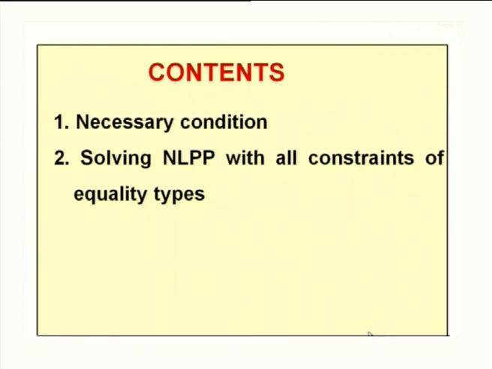For that, in this episode, first we define the bordered Hessian matrix for a given nonlinear programming problem. Then, with the help of this bordered Hessian matrix, we state sufficient condition for a given NLPP to have an optimum solutions. Next, with the help of this necessary and sufficient condition, we are going to solve the given NLPP.